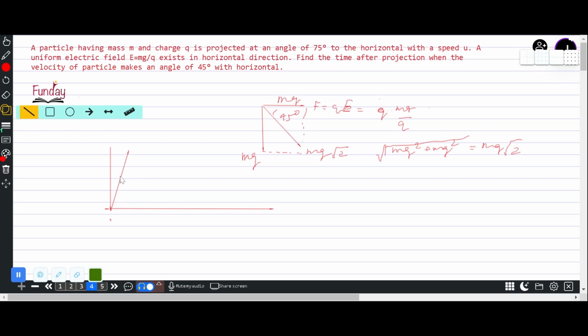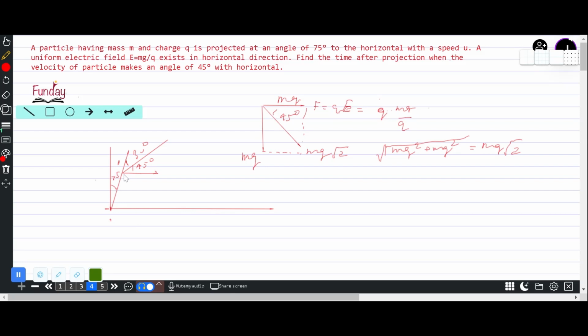So the particle was going at 75 degrees before, and then it is expected to come to 45 degrees from horizontal. So that 45 degrees from horizontal we are taking as the new x-axis. Now we know that we have our force vector, which is also at 45 degrees from the original x-axis.